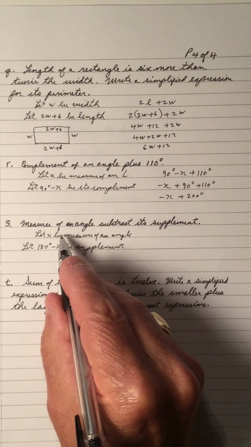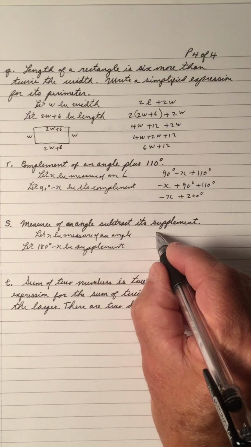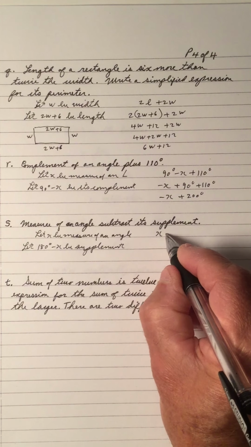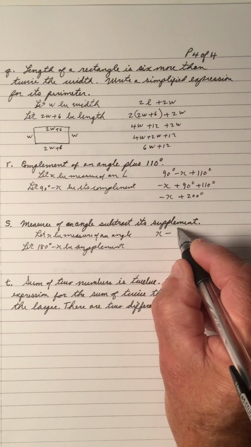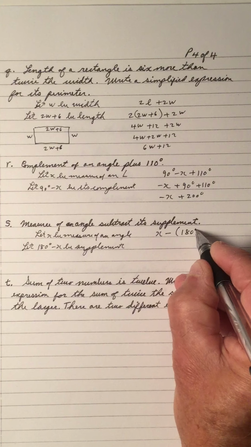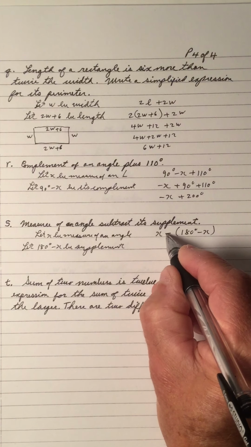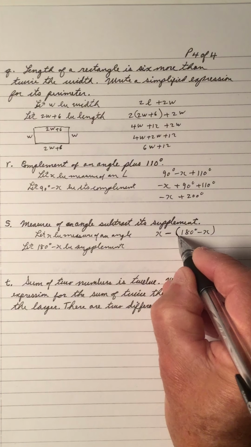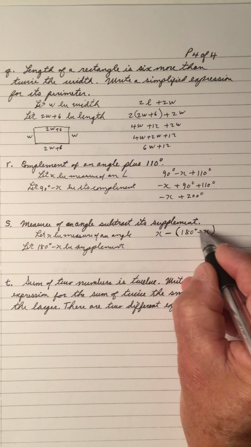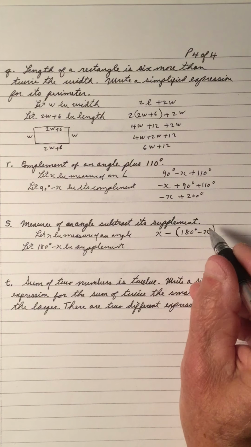Now the measure of an angle is x, subtract its supplement, 180 minus x. Notice the subtraction sign, and I have to put a bracket around this binomial, because if I don't, it's going to be wrong.